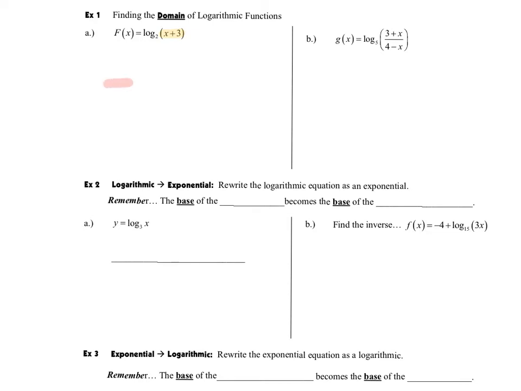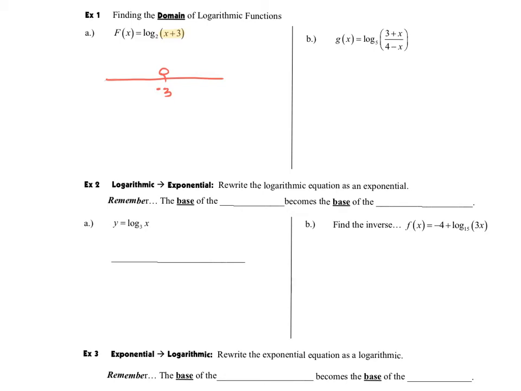So we can make our number line here, and we can first just identify where this argument is going to become 0, and it's going to become 0 at x = -3. I'm going to automatically give that an open circle since I can't evaluate the log at 0. Thinking of that graph, that's where that vertical asymptote occurs.